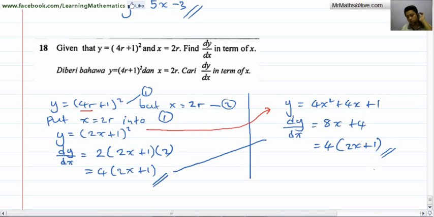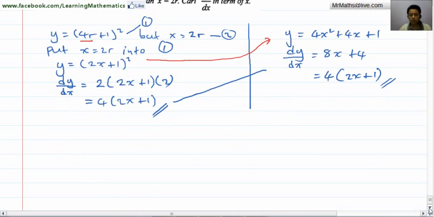And there is another way to do that. Not the second way, but rather the third way. Let me just label them: this is 1, this is 2.